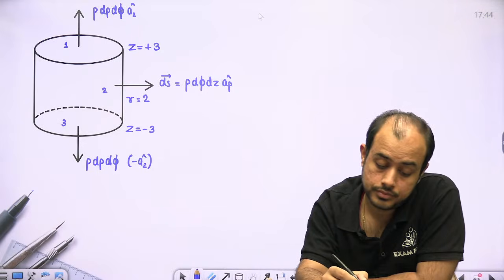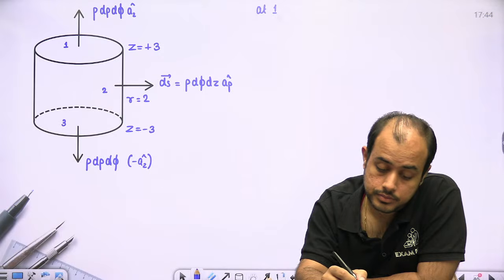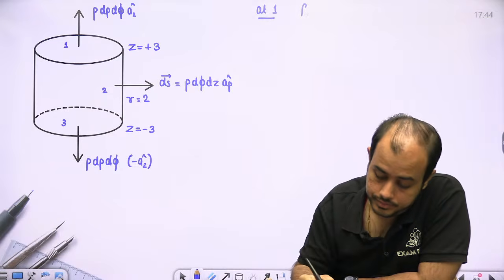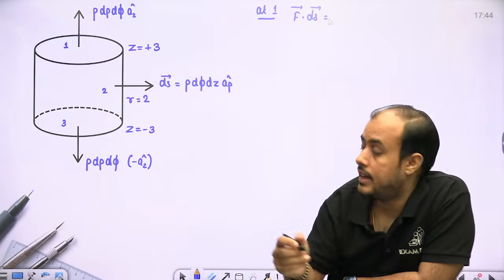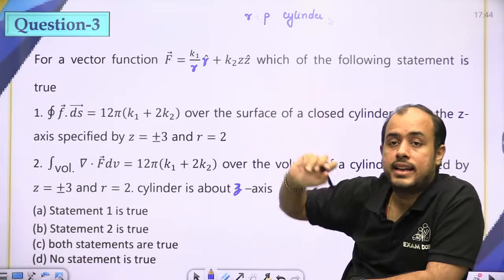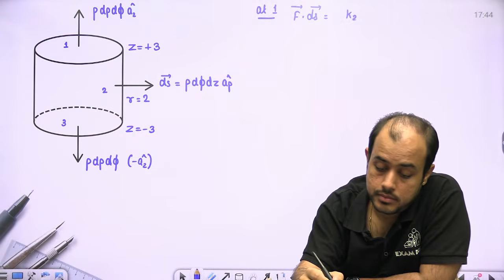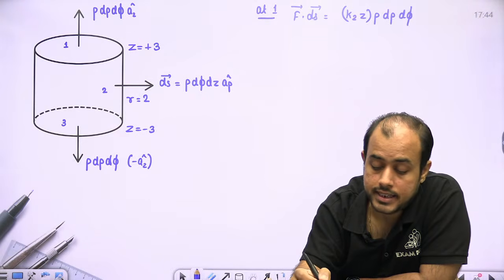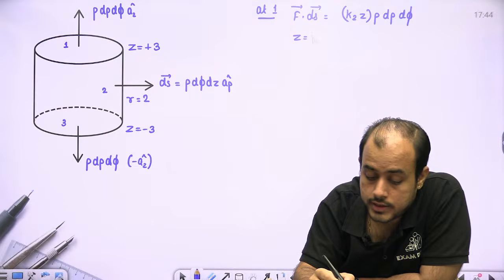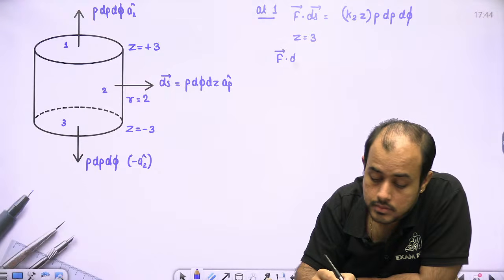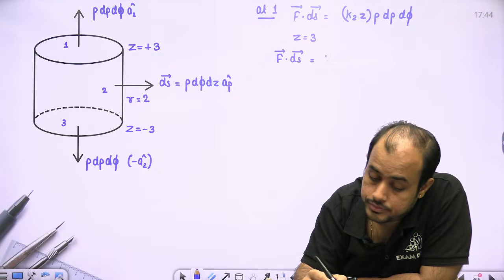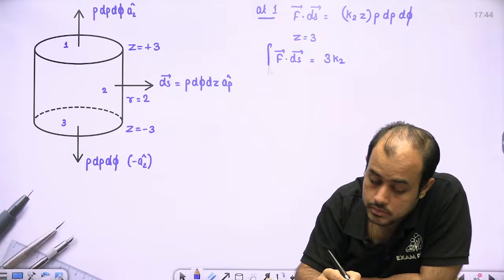Now F dot ds. When the area vector is in a Z, you will take the k2 term with Z. Now Z is 3 at surface 1.